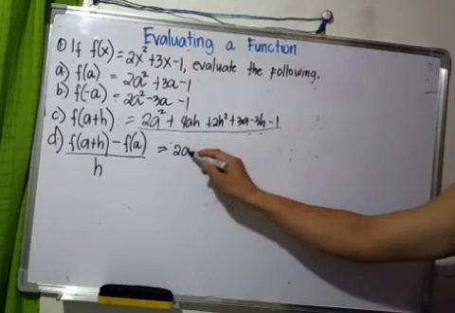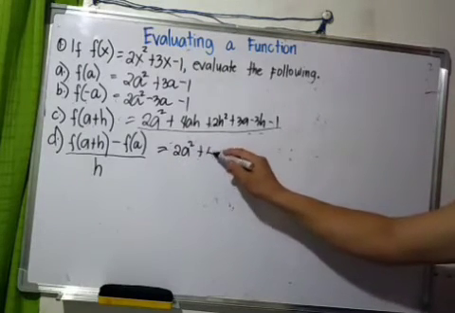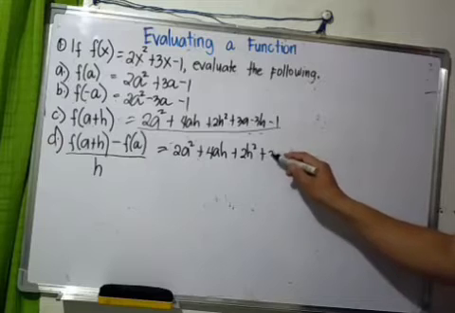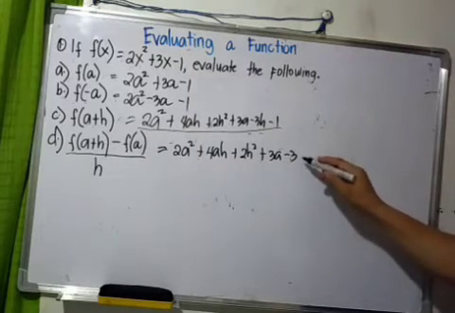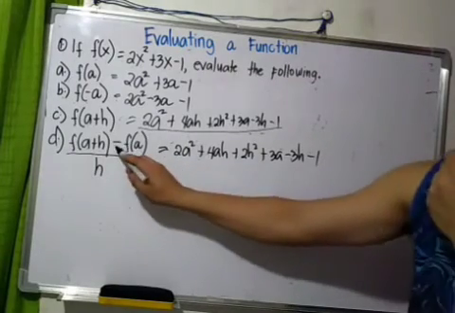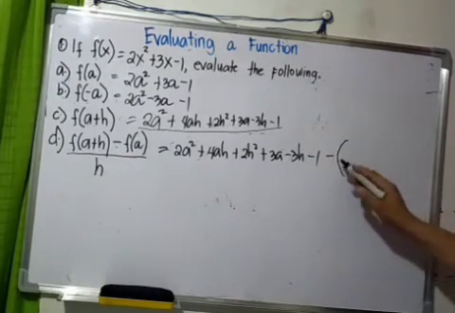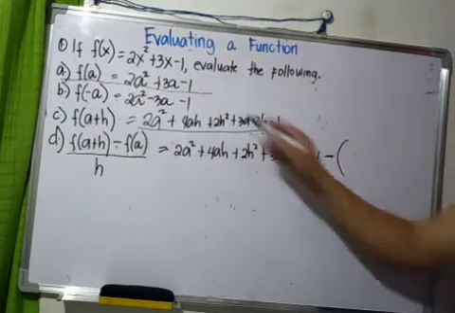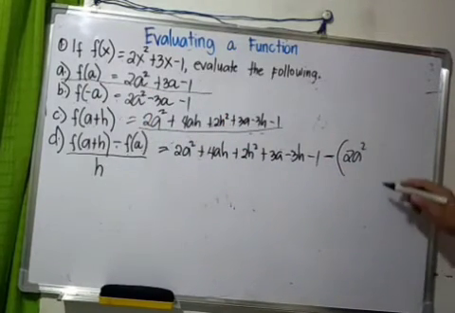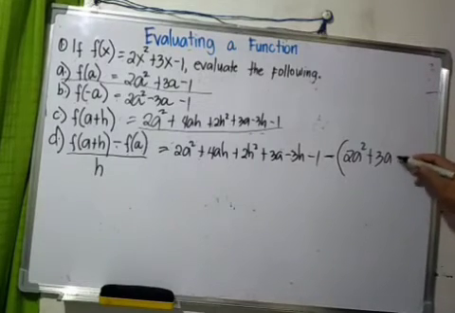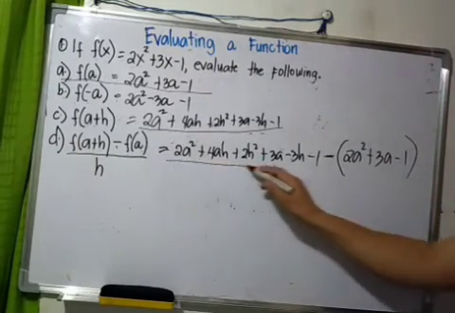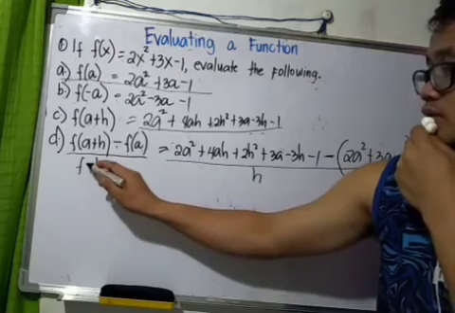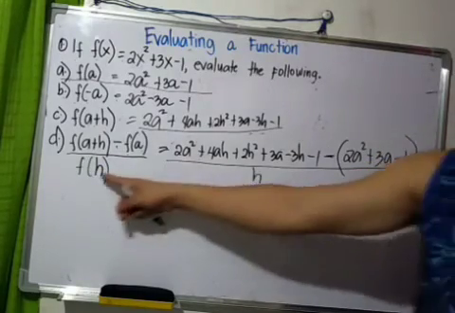So that is 2A squared plus 4AH plus 2H squared plus 3A minus 3H minus 1, then subtract ito, the value of F times A, that is example letter A, so that is 2A squared plus 3A minus 1 over H. Lagyan natin ng F dito, so we need to distribute pa rin ito.